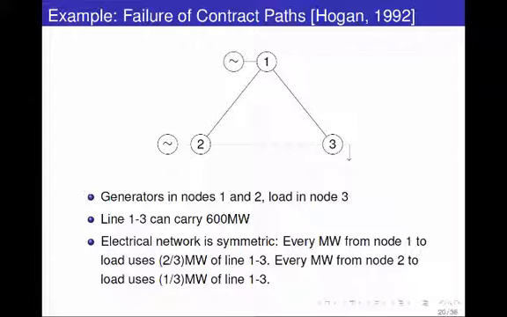What's going to happen if they buy 1,000 megawatts of rights? They're going to inject the power. What's the maximum that these guys can produce in bus A? 900.